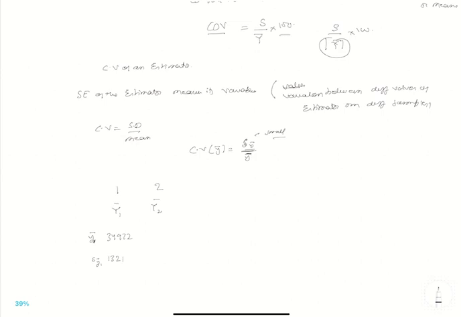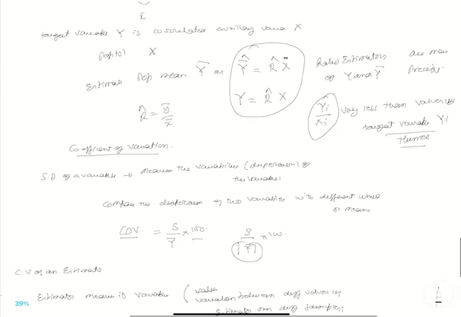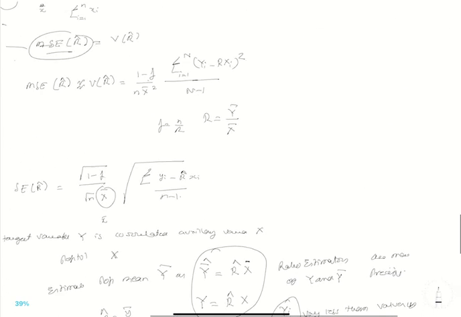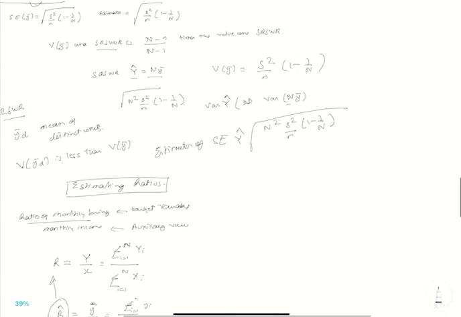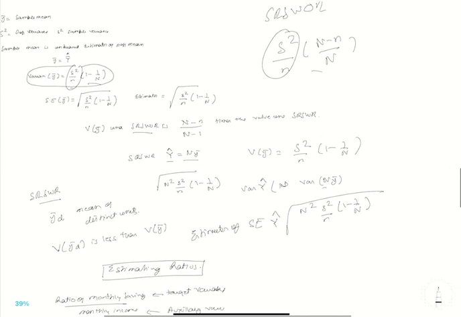Now this is the standard deviation of y1 bar, which will be calculated by the formulas for standard deviation depending on SRSWOR or not. The variation is calculated by this formula.